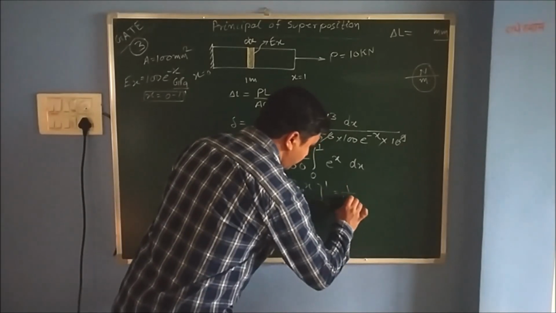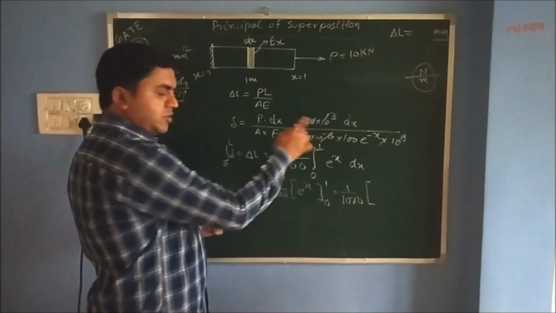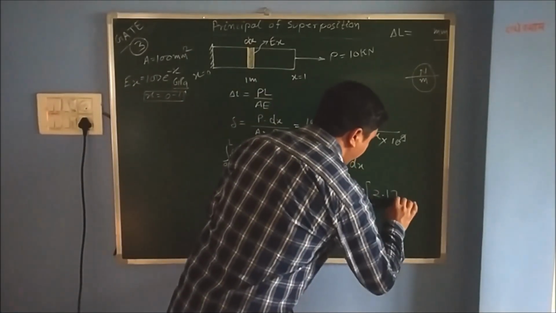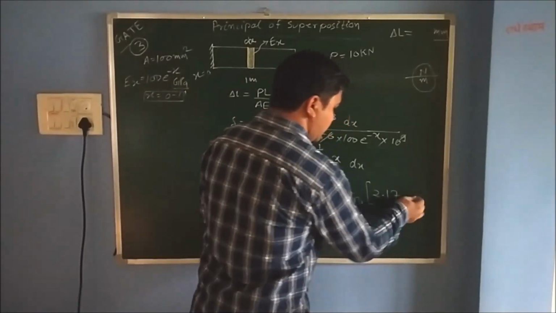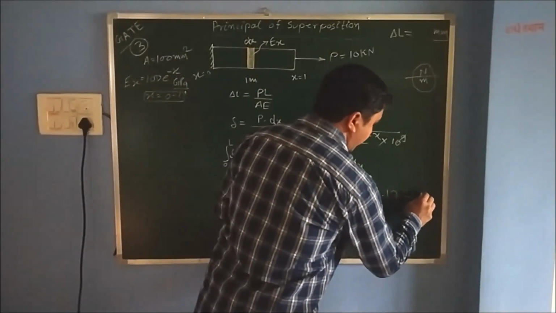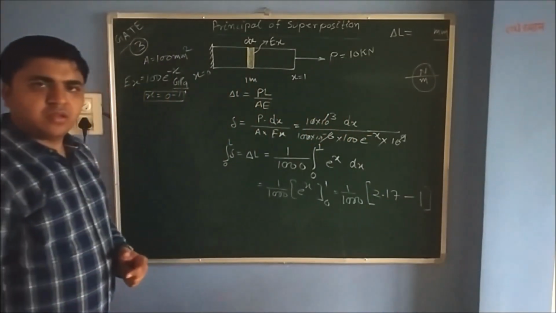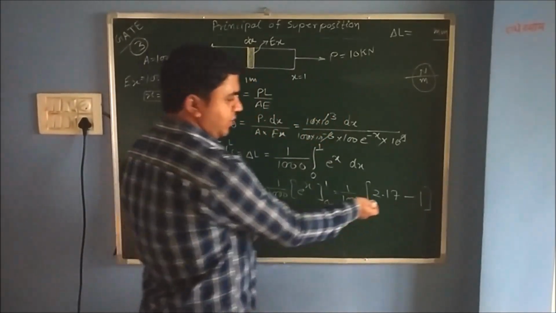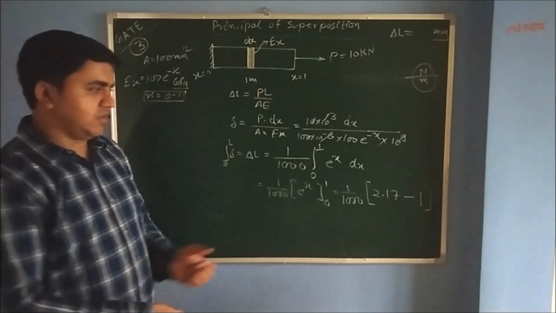So this will be 1 upon 1000 e raised to power 1 minus e raised to power 0. So e raised to power 1 is nothing but 2.17, and minus e raised to power 0 is again 1. E raised to power 0 is 1. Okay. So if you subtract this one, you will get 1.17 divided by 1000 meter.